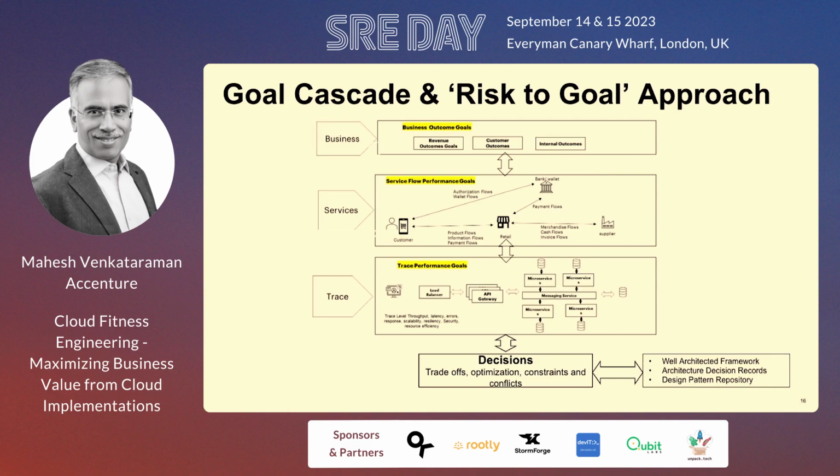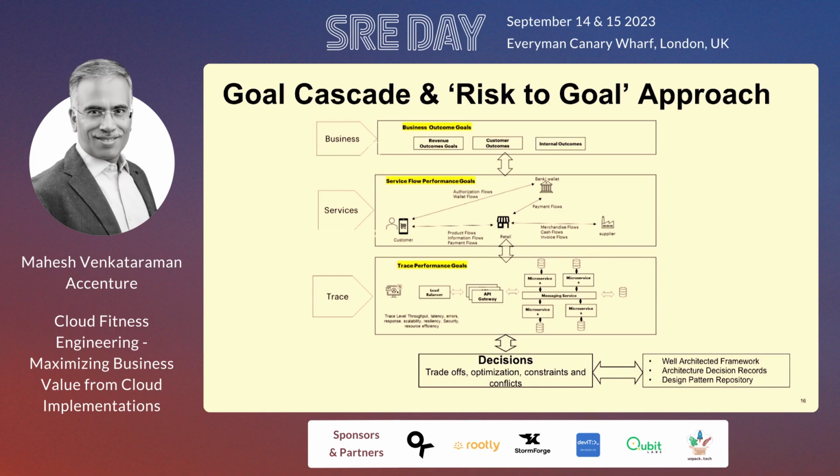For example, what trace goal has to be defined to be able to meet a particular service performance KPI, and in turn, how the service performance KPIs affect business goals is going to be a matter of initial hypothesis, and we will see how to test it through simulations and modeling. And those decisions have to be traceable to the architecture trace performance goals.